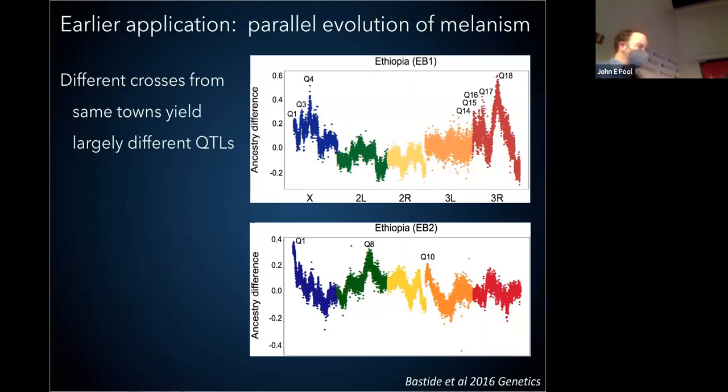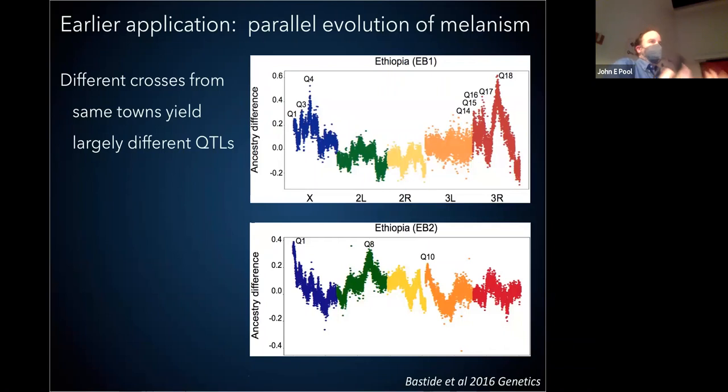And so one of the interesting results from this paper was that, if we took one pair of strains, let's say from Ethiopian highlands and from the ancestral range in Zambia, so the highland population is dark, the lowland population is light. And so, if we do QTL mapping with that pair of strains crossed, we'll get something like this.